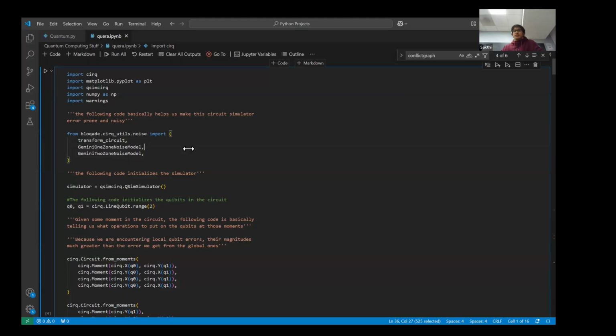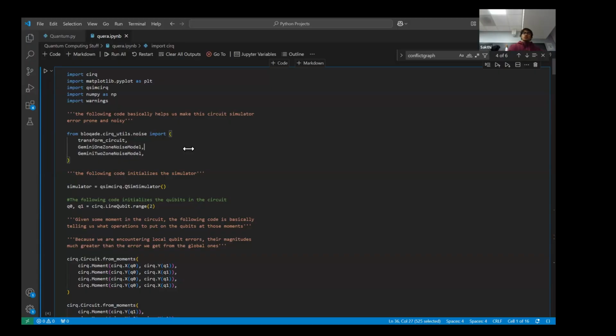And there are different types of errors that you can encounter with these. For example, in the Gemini 1 zone noise model, you can have unpaired atom errors, where you are trying to entangle a pair of qubits, but there are other qubits in the entanglement zone that are unpaired, so you can have errors due to that. You can have mover errors, where the qubits themselves decohere when you try to move them.